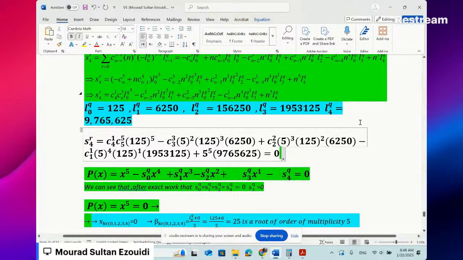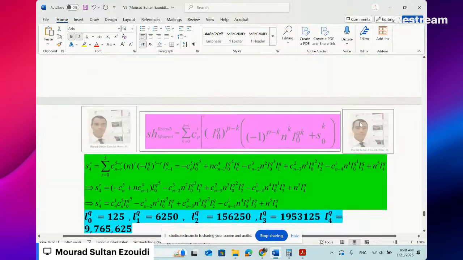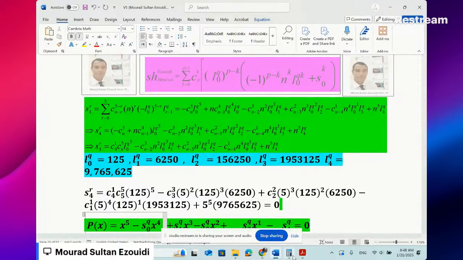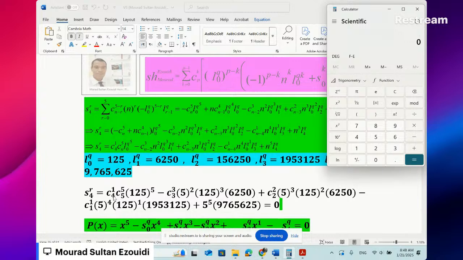Okay, let's calculate this, my kids, first. This is 4 multiplied by 125 raised to the power 5, minus 25 multiplied by 125 cubed, multiplied by 6,250, plus 125 raised to the power 3, because this is 125 squared raised to the power 3, multiplied by 6,250.